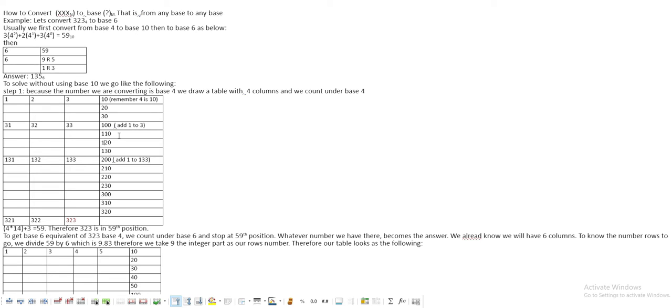But if you look at this counting, there are patterns. The maximum number we have under base 4 is in the hundreds, so we do not need to go beyond 100 units, and we do not need to count beyond 320. So these are the patterns you have to look for. These are 4 columns.